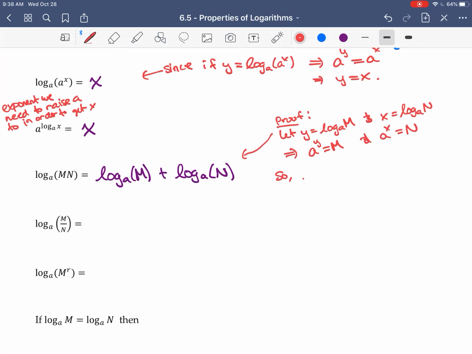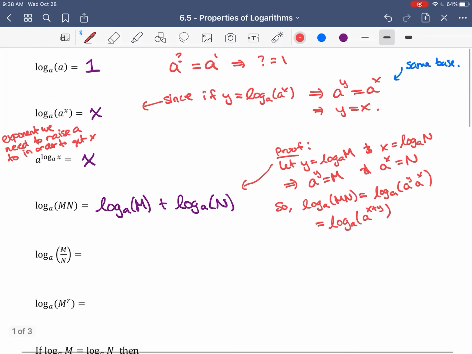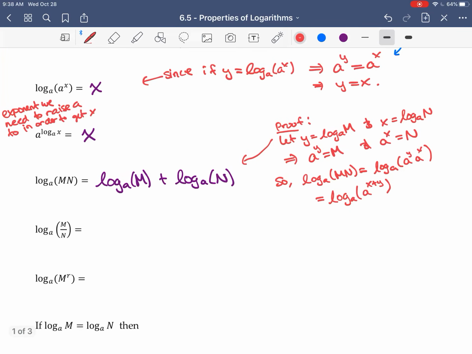Okay, so log base a of m times n is log base a of a to the y times a to the x. Now because of the exponent rules, this is log base a of a to the x plus y, and then using the rule 3, I guess, up there, this is equal to x plus y, which is log base a of n plus log base a of m. Okay, so that's why that one's true.